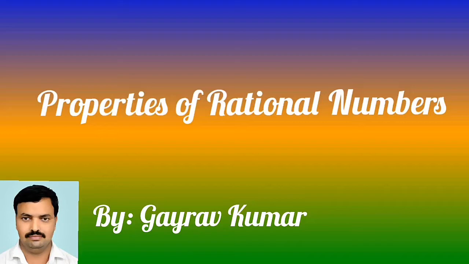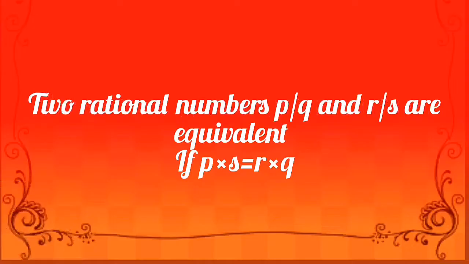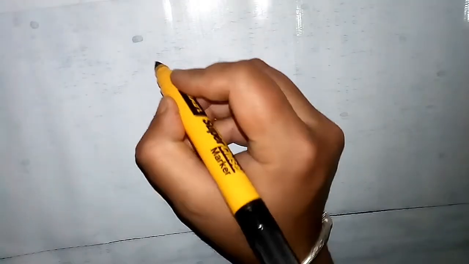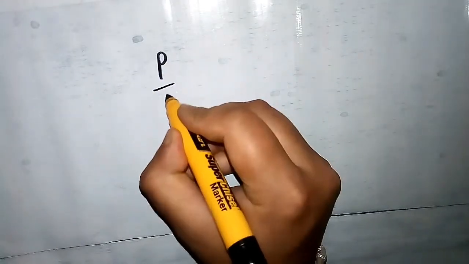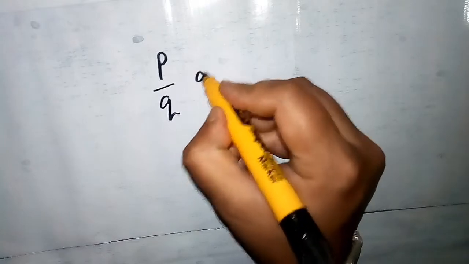And the first property is: two rational numbers p upon q and r upon s are equivalent if p into s equals r into q. Remember students, equivalent means same. I will repeat it.